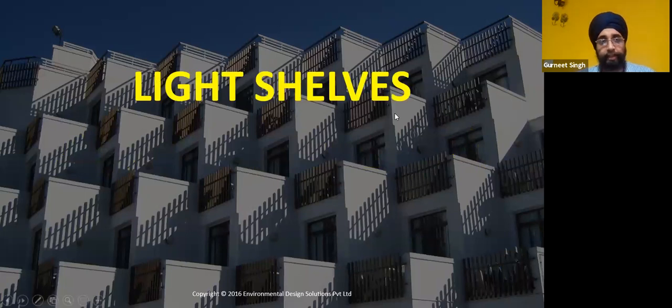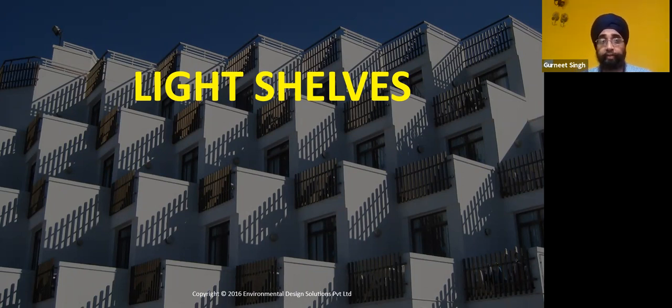So the next daylight strategy is light shelves. A light shelf is basically a horizontal shelf. It can be termed as internal shading, or an external shade can also be used as a light shelf.